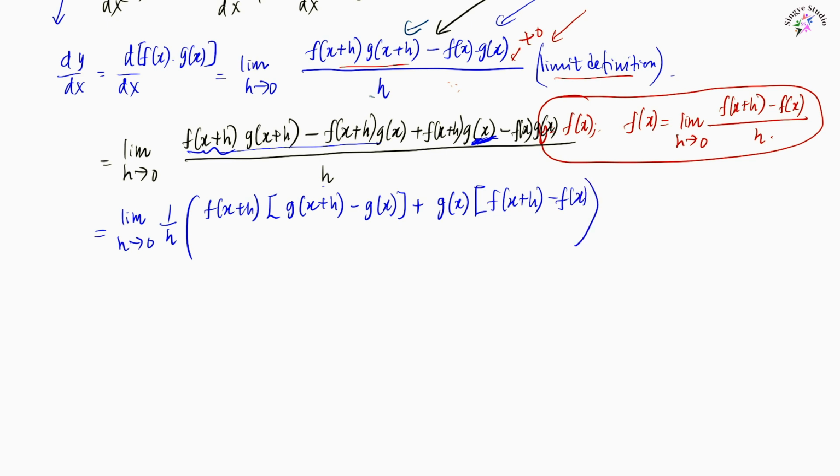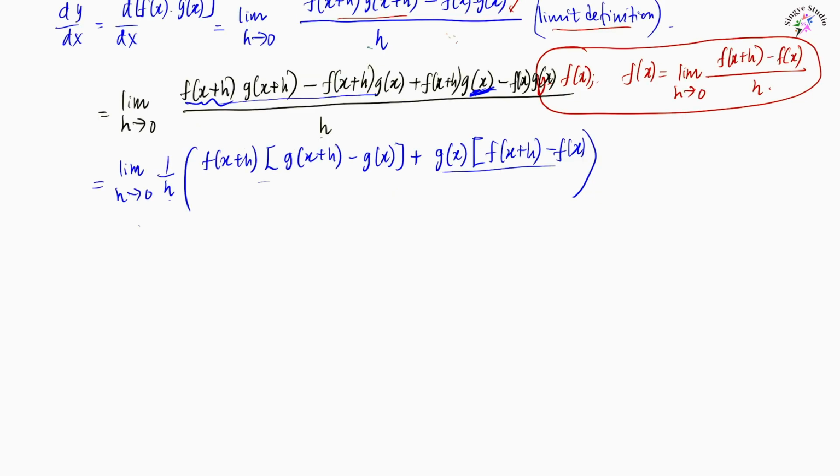Okay, now we can distribute this limit to both the terms. We can distribute this 1 over h to both the terms as well as the limit.